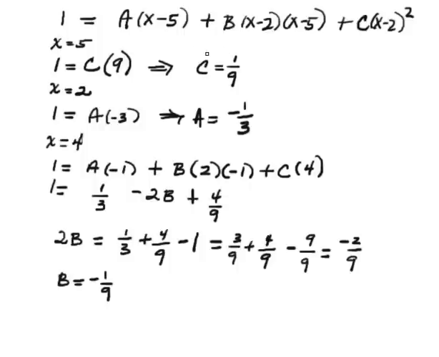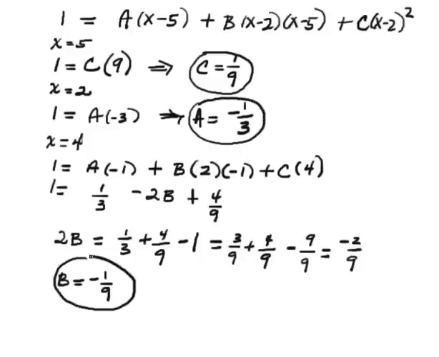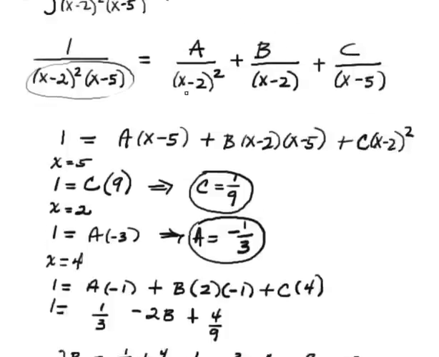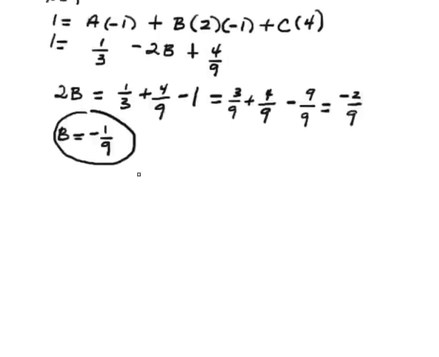Okay, so we have A, B, and C. And let's remember where we put A, B, and C. A is on top of (x - 2)^2, B is on top of x - 2, and C is on top of x - 5. All right, so let's rewrite our integral. So now our integral is equal to, okay, A is -1/3.